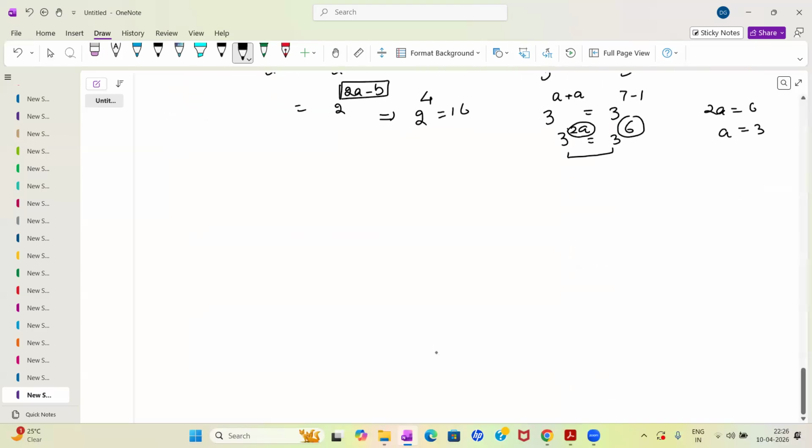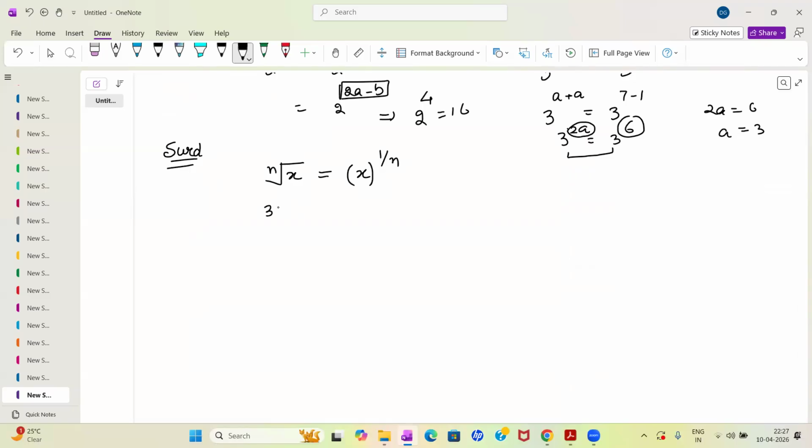Now learn another important topic, that is surd. The nth root of any x can be written like x to the power 1 by n.